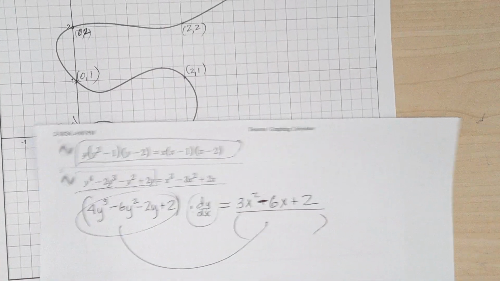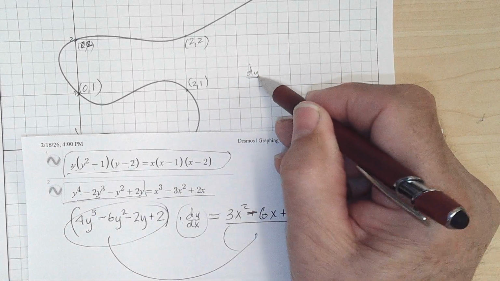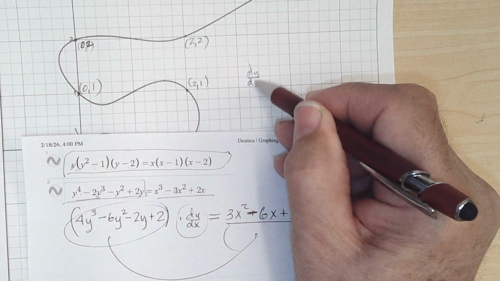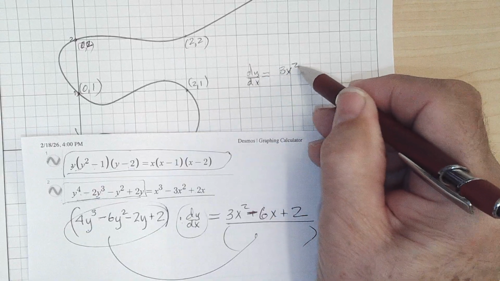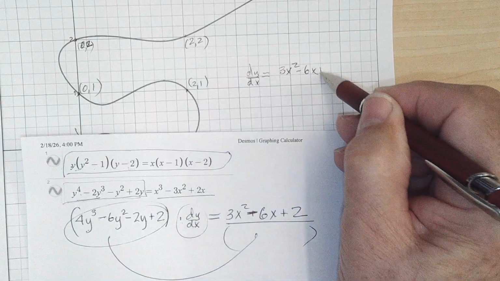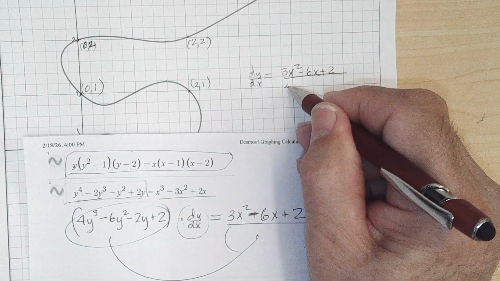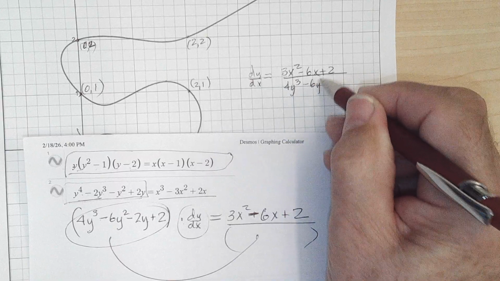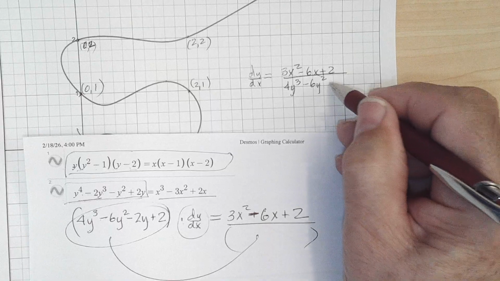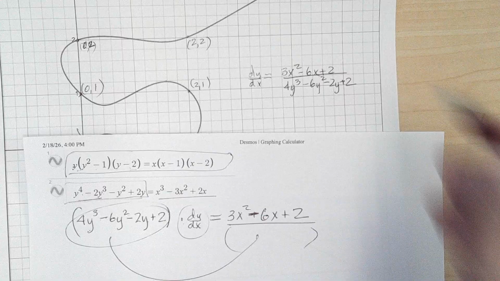So I'm going to write that over on here. The slope at any point can be found by doing 3x squared minus 6x plus 2 over 4y to the third minus 6y squared minus 2y plus 2.